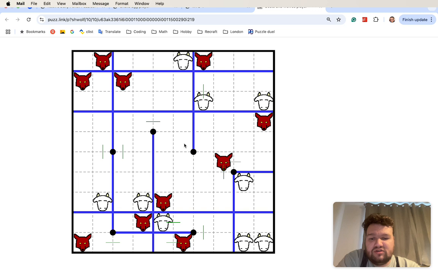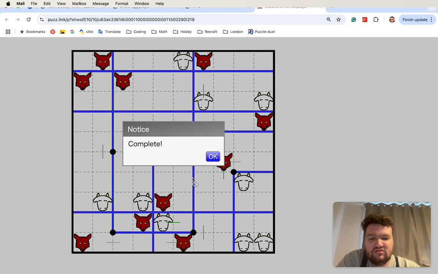No, this one cannot go left. This dot cannot go left because of this empty region, so it goes right. It looks like just connecting it like this works.